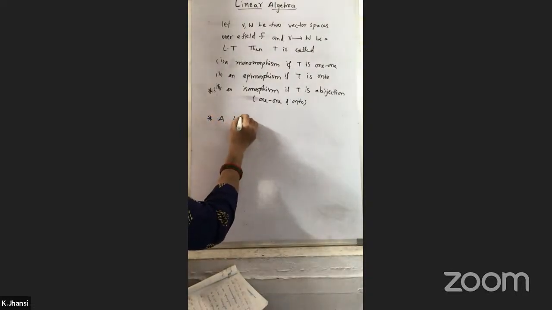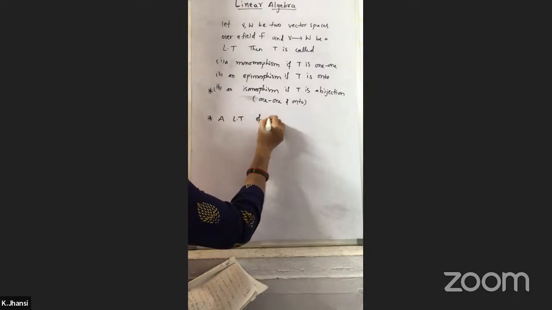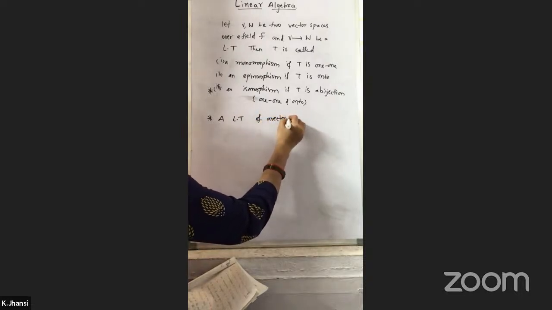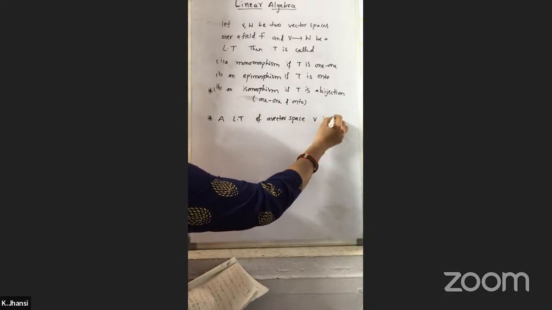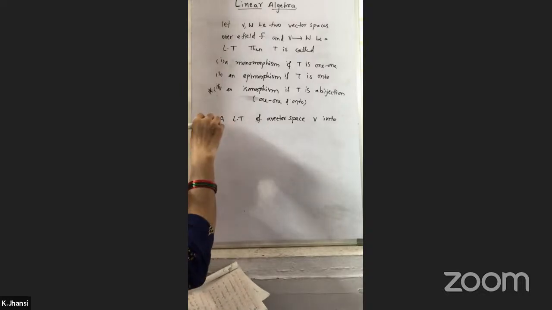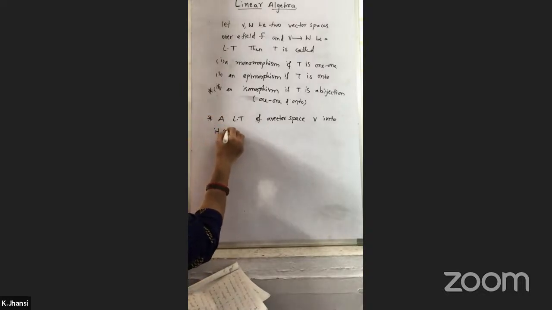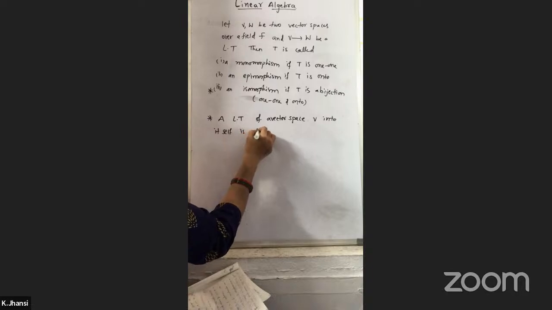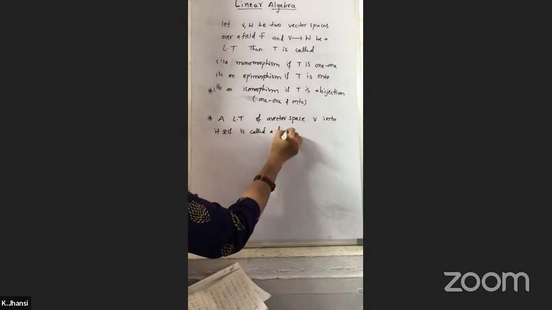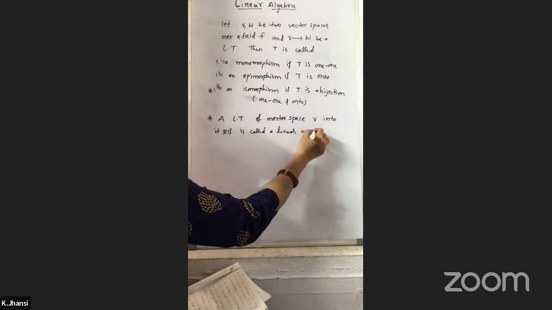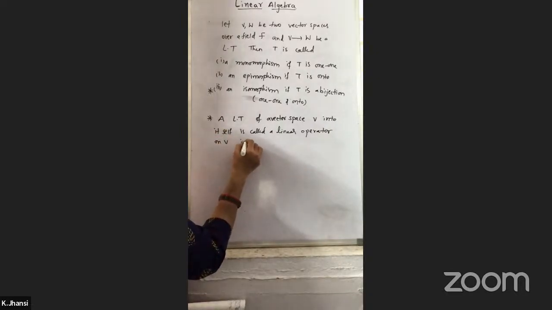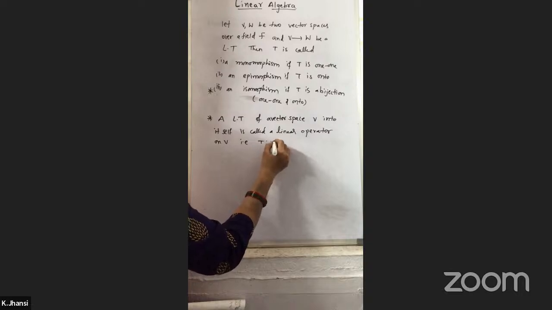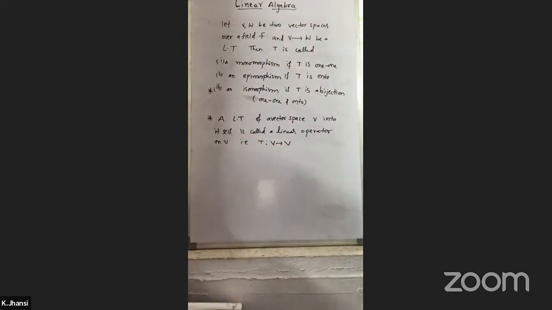A linear transformation of a vector space V into itself is called a linear operator on V. That is, its notation will be like this: T mapping from V to V. Okay.